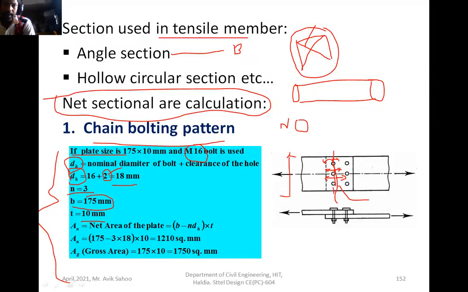So what is the net area of the plate? B is the width of the plate. The important formula to find the net area of the plate for a chain bolting pattern is: B, the width of the plate, minus n, the number of bolts used, times dh, the diameter of the hole, into t, to get the net area of the plate.